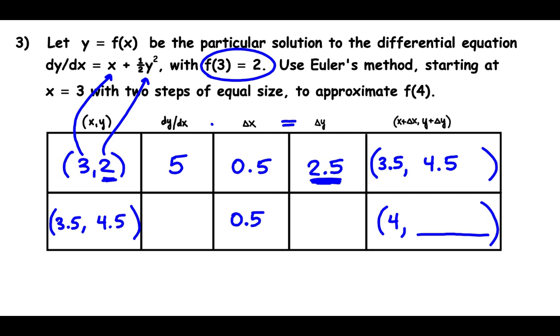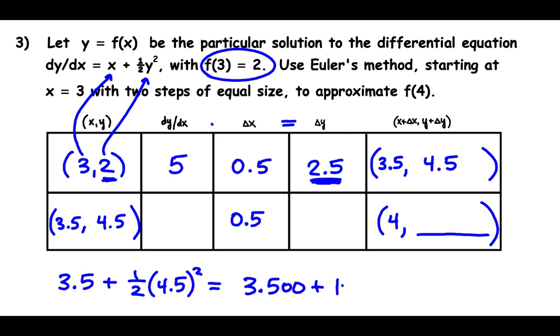All right, this is going to get a little trickier plugging that into the derivative. Let's see, the next derivative, x, that's 3.5, plus 1/2 of 4.5 squared. 4.5 squared is 20.25, so half of that would be 10.125. All right, so we have 3.5, put a few zeros there, plus, I said 10.125. That's actually not too bad to add.